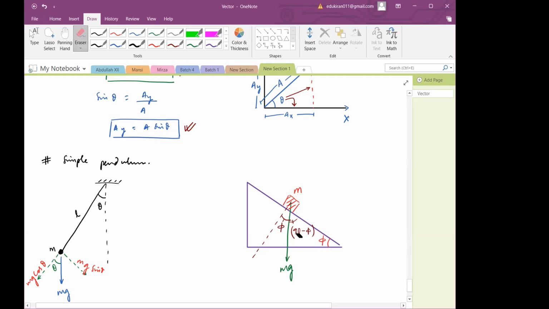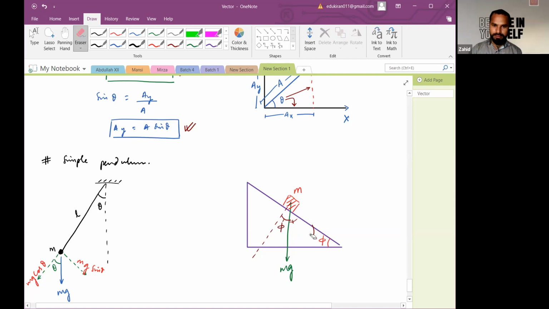Yes, sir. Now just neglect this term. Now your one component will be this part. So the other component must be perpendicular to this. So it will be along this direction.